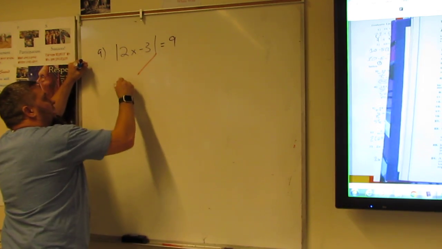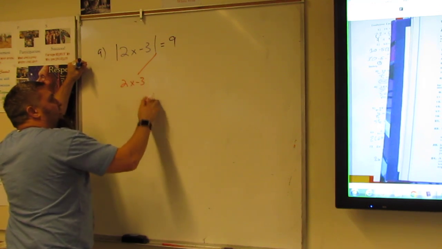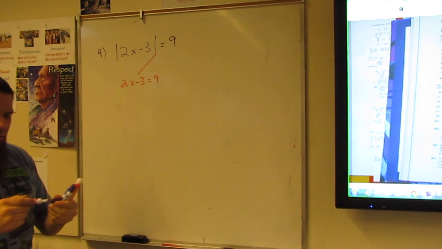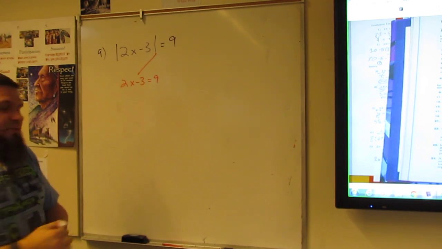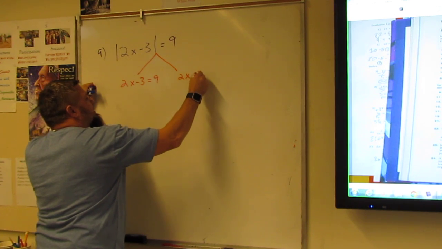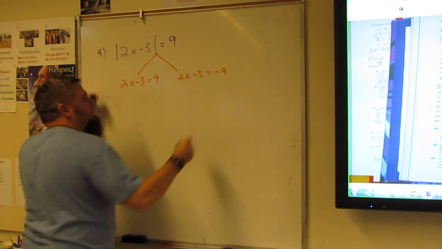Yeah, we go here, we get 2x minus 3, right, is equal to 9. And then we go this way, and we get 2x minus 3 is equal to -9.